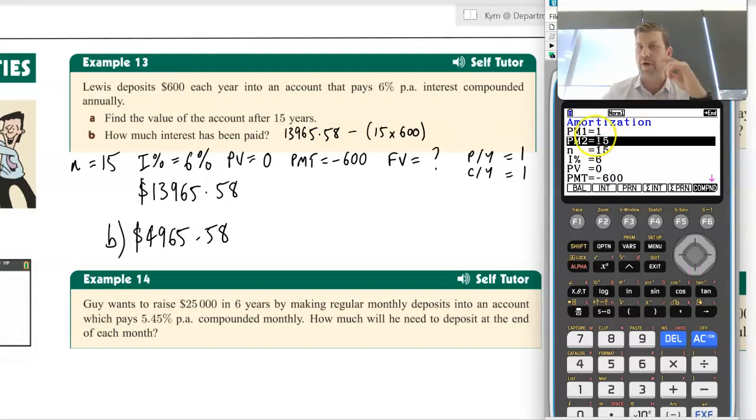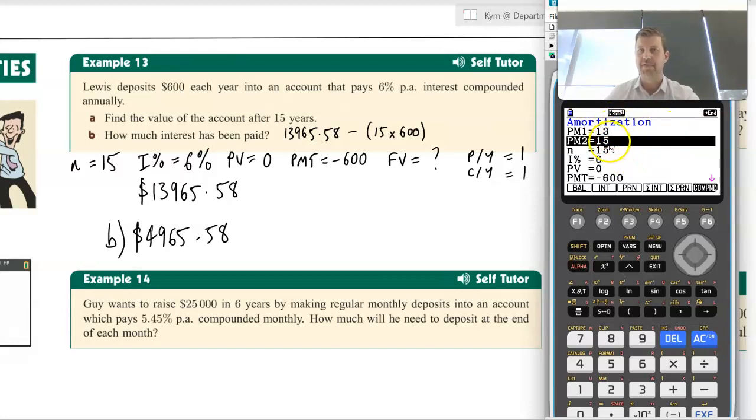Let's say I wanted to work out how much interest was earned just in the last 3 years of this investment, right? So I want to know how much I earned in year 15, year 14, and year 13 of this investment. Because those are my 3 years, I'm going to put in PM1 as 13, and I'm going to keep PM2 as 15.